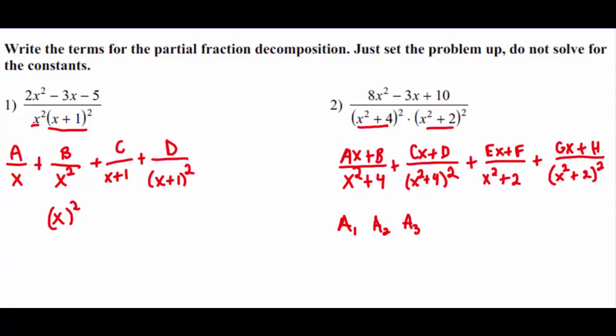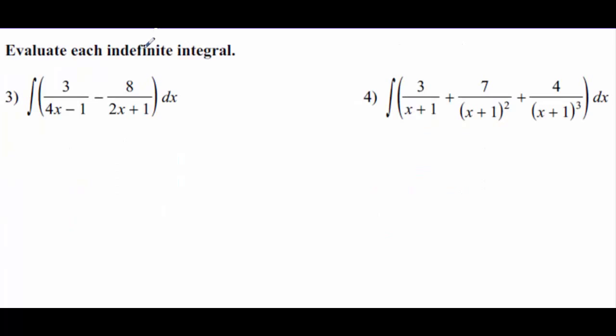But that is the idea on both of those. Now, kind of switching pace, we're going to find some integrals. These are things that we could end up with as answers. Like this could have been combined into one fraction, and maybe we had to do partial fraction decomposition to get either of these. And so we need to know how to solve them. What's important is whether or not there is a power on the bottom.